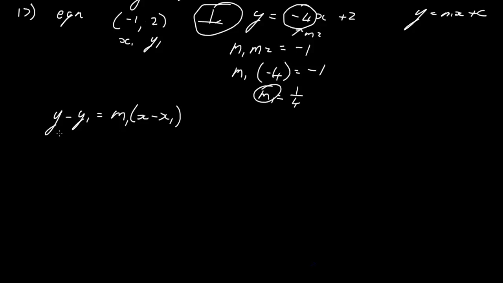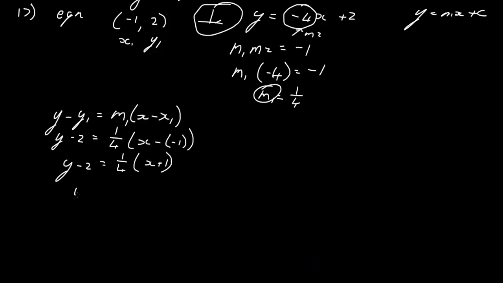So y minus 2 equals 1 over 4 into x1 is minus 1, so x minus minus 1. y minus 2 equals 1 over 4 into x plus 1. y minus 2 is equal to 1 over 4 x plus 1 over 4. y equals 1 over 4 x plus 1 over 4 plus 2.